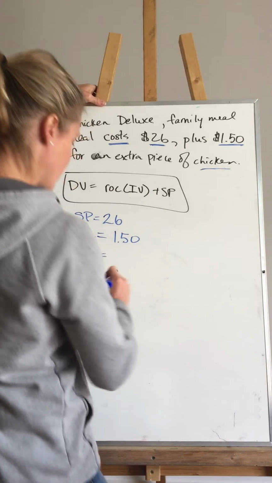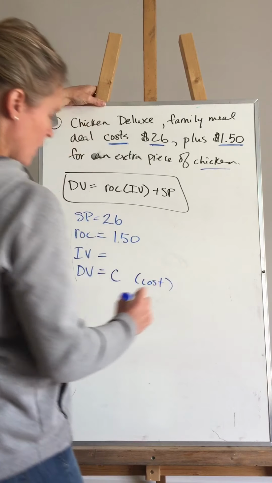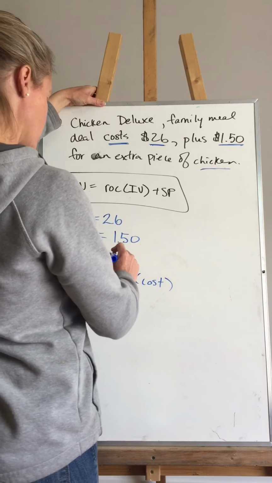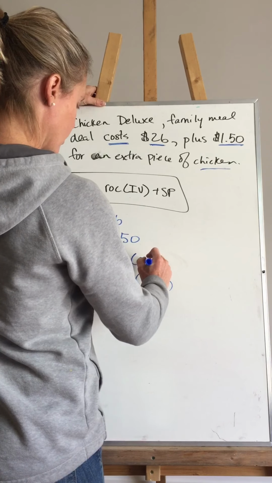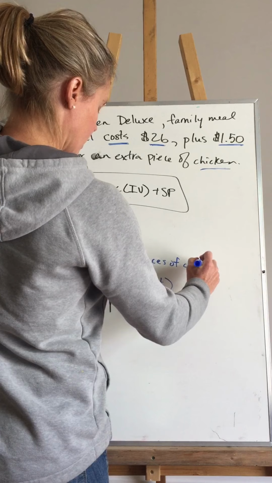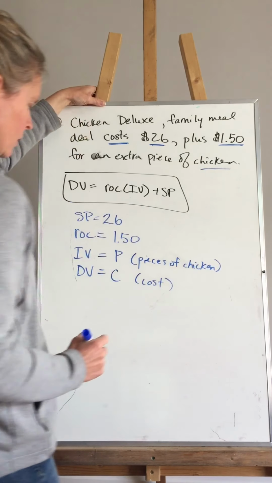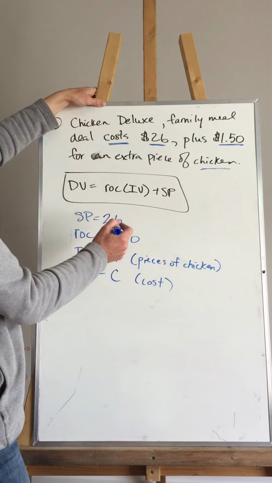I'm going to put a C for the dependent variable, cost, in brackets, and a P for the independent variable, pieces of chicken. As soon as I have all four of these things, I can write my equation.